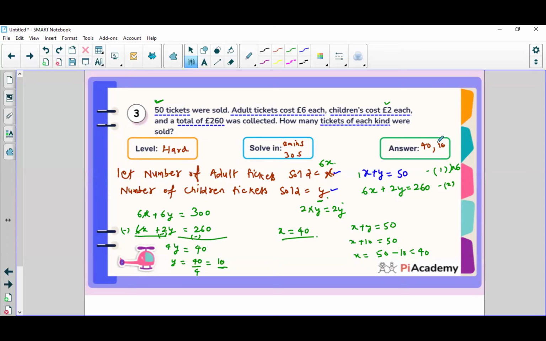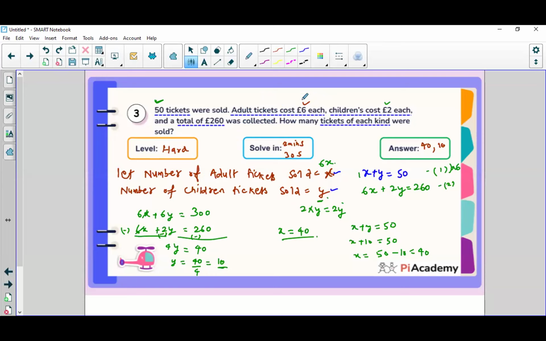Okay, I'll explain it. See here, it says adult tickets cost £6 each. This is the cost for one adult ticket, and we assume that the total number of adult tickets sold is x. Suppose you are going to a fair and buying 10 tickets, and the cost for one ticket is £6. What should be the total cost? £6 times 10, that should be £60.